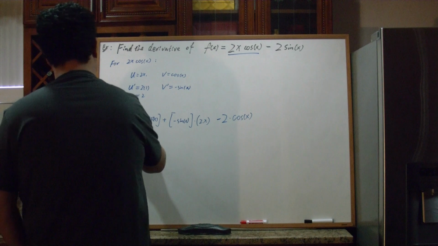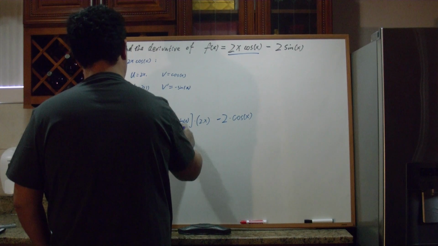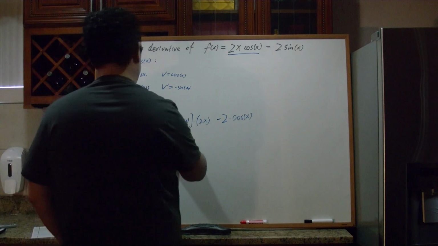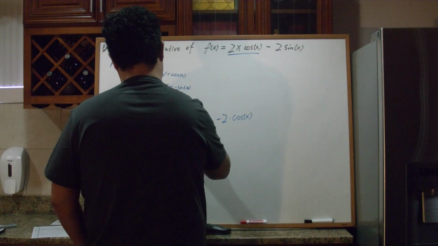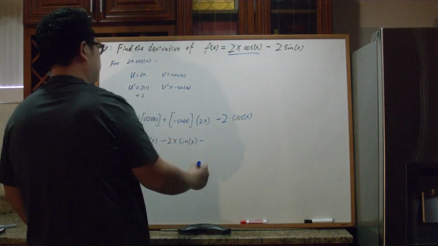Right, simplify a little bit. We have 2 cosine x. We have negative sine x times 2x, that's negative 2x sine x. And the third expression is minus 2 cosine x.